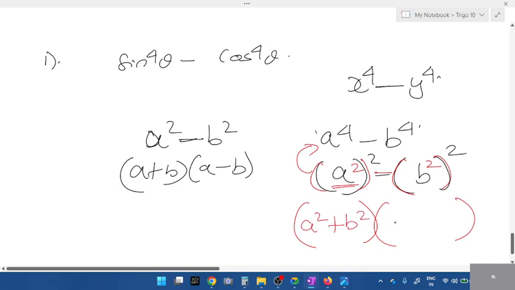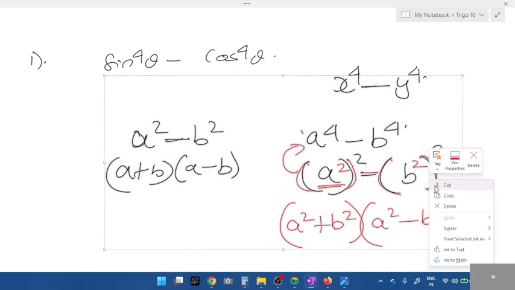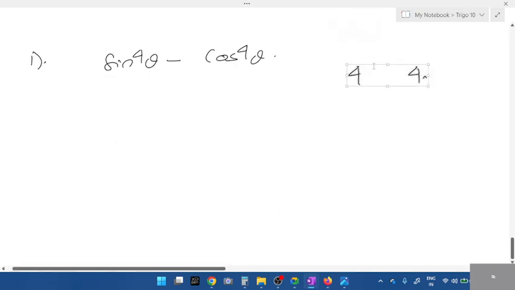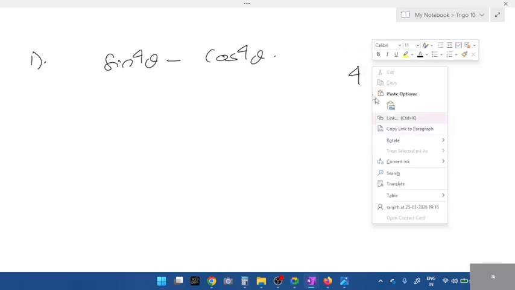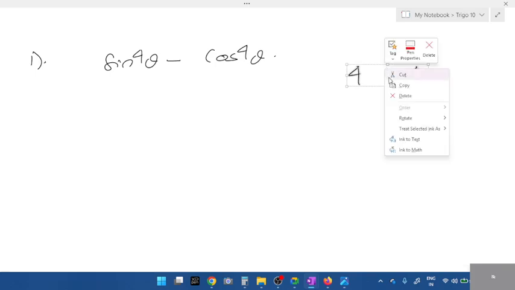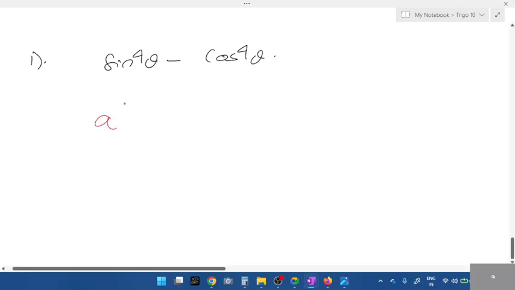This is a plus b. What is a minus b? A square minus b square. Look here: a4 minus b4 is the question. We can't directly apply a square minus b square. First you have to convert it: a square the whole square minus b square the whole square.